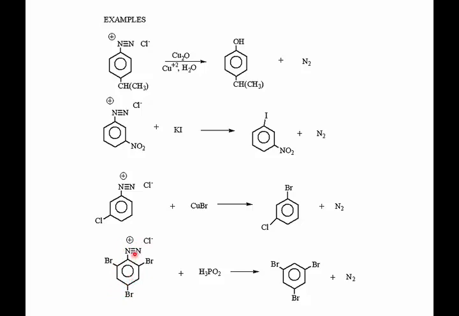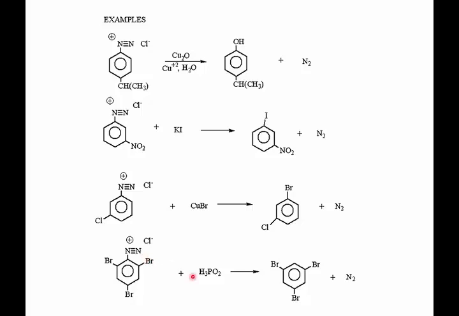Aniline's NH2 is a highly activating group. So highly activating that if you treat this with bromine and water, you don't want to use ferric bromide, water is the solvent of choice. NH2 is so activating and ortho-para directing that bromines fill all the ortho and para positions. Then you diazotize it and you get this diazonium salt.